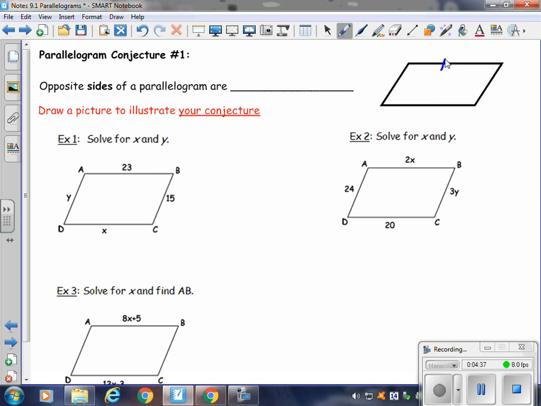So the top is congruent to the bottom, and the left side is congruent to the right side, so we can say congruent. It means the same thing as equal, except in geometry words, they like to say things are congruent. The measure might be equal, but their letters like AB is congruent to CD, that type of thing.